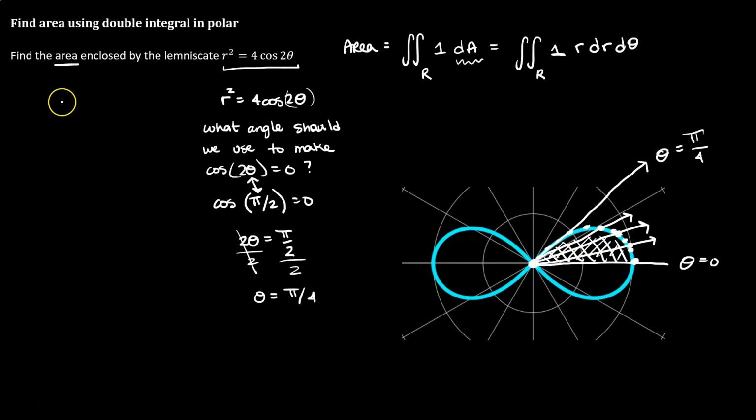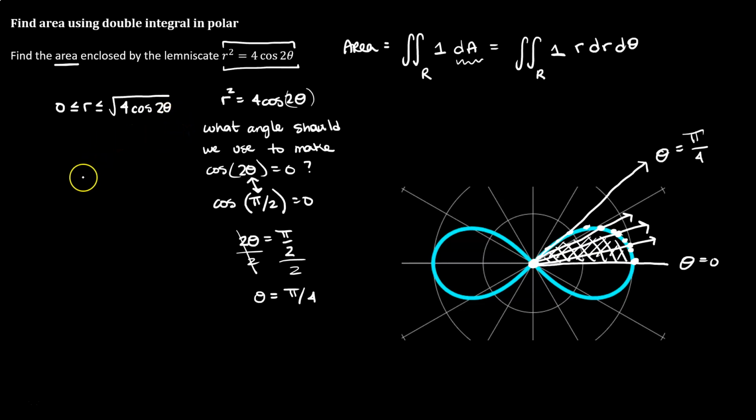So for our r bounds, we know r equals 0, we're already in the region, and then we need to think about the largest value of r we can use. Well, again, it's defined by the equation r squared equals 4 cosine 2 theta. But that's r squared, and we're talking about r, so we need to make sure to take the square root of both sides of that equation so that we can see the largest value of r will be the square root of 4 cosine 2 theta.